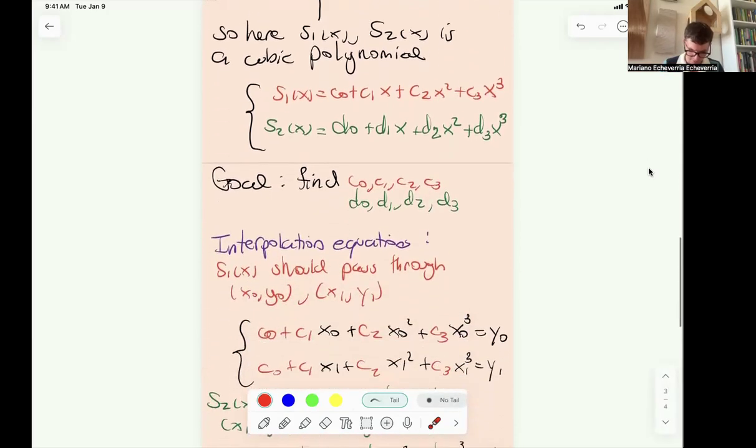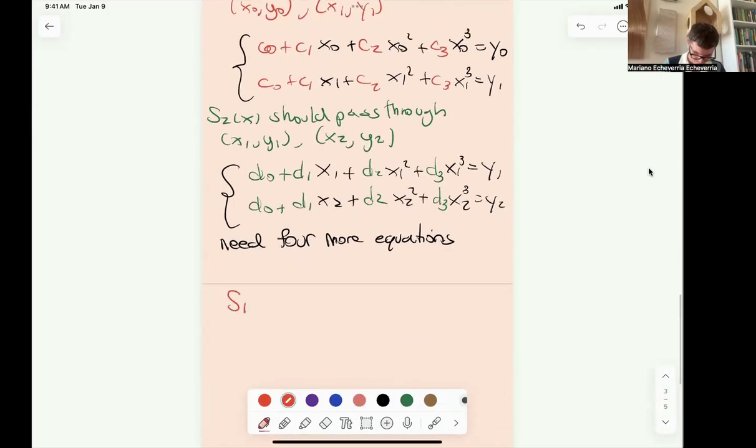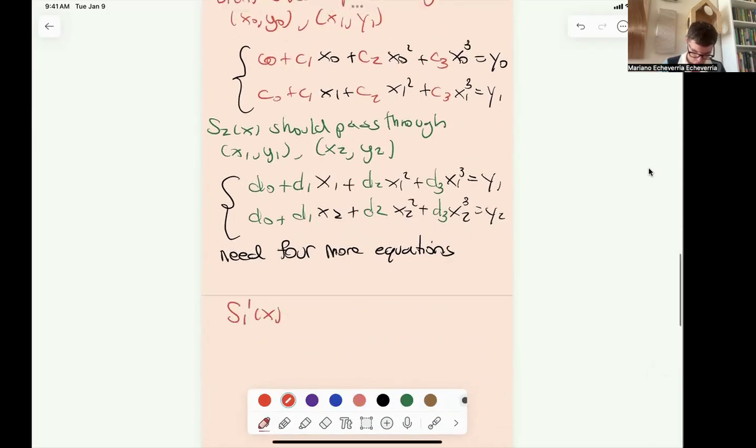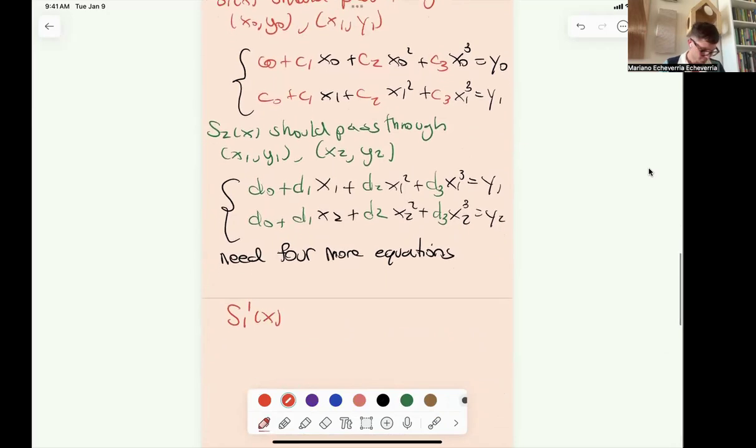So let's find out what the first derivative is. It would be, if you compute it, c1 plus 2 c2 x plus 3 c3 x squared.